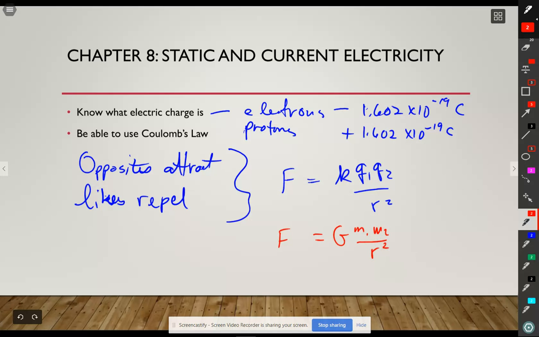The top one is Q's, the lower one is a capital G. The lower equation is the law of universal gravitation that says that the gravitational force is proportional to mass 1 times mass 2 divided by the separation squared. The other one is Coulomb's law, the force between charges, that says that the force is proportional to charge 1 times charge 2 divided by the separation squared. Those forms are the same. In both cases, if they get farther apart, the force gets less.